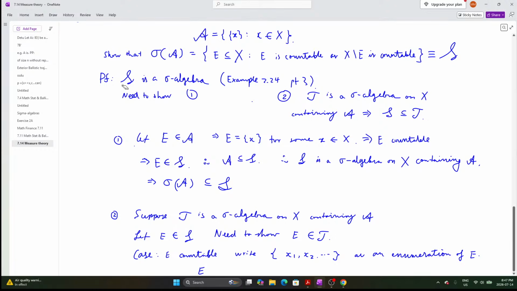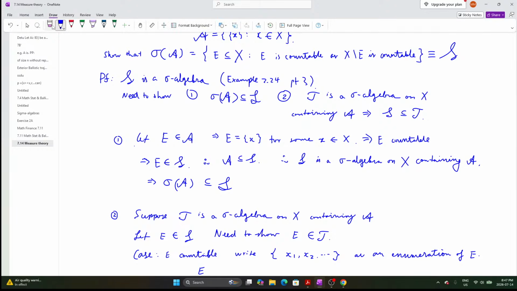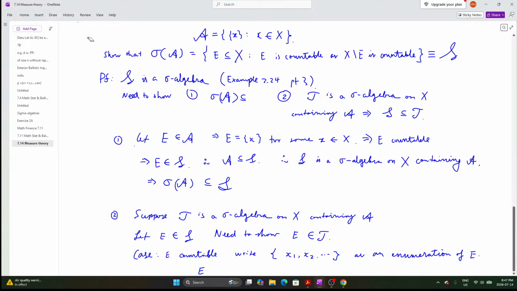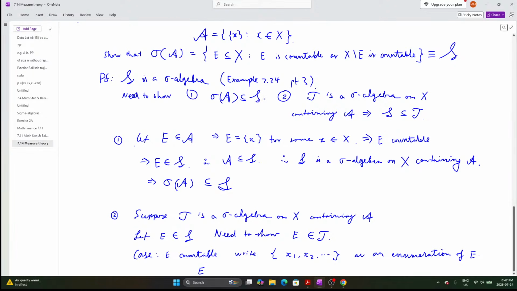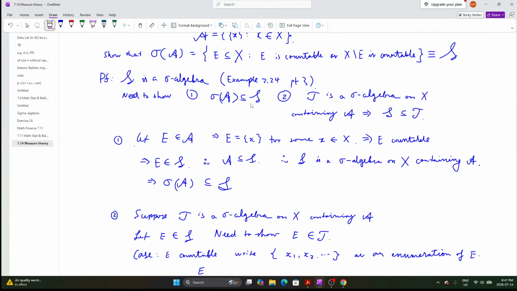So let's modify what we need to show. Show sigma of A is contained in S. And 2 is the opposite.